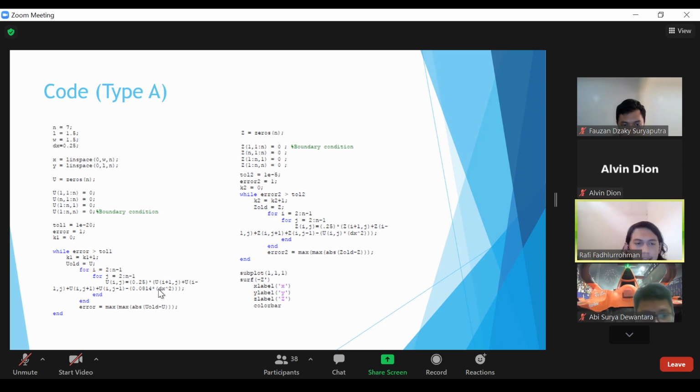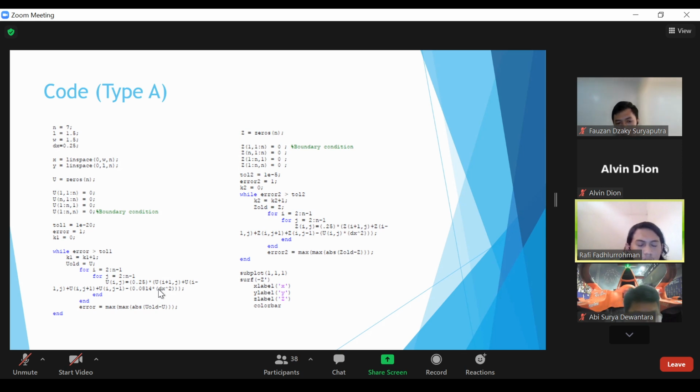At the x coordinate we use from 0 to w, n points, and for y, we use 0 until L with the endpoint. And then we define the matrix by zeros n, which means we will have a 7 by 7 matrix.